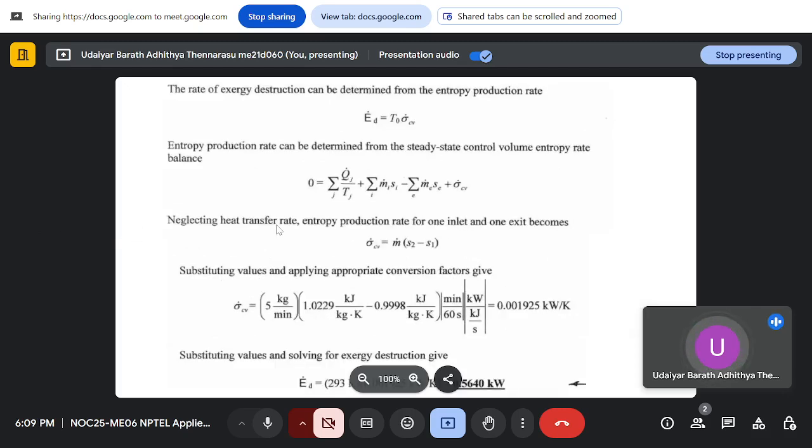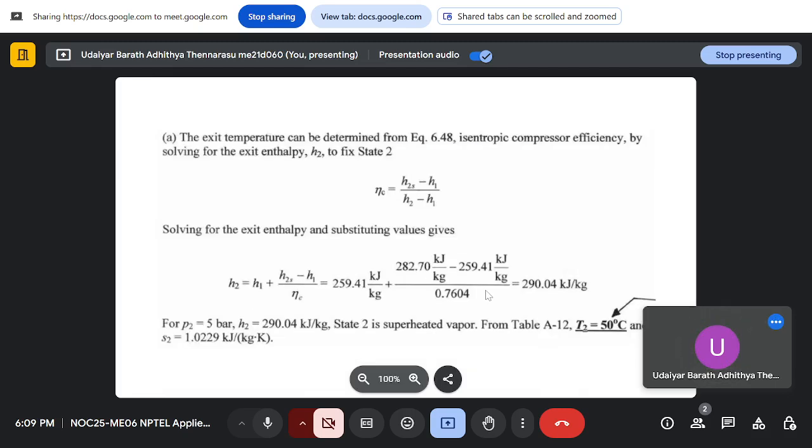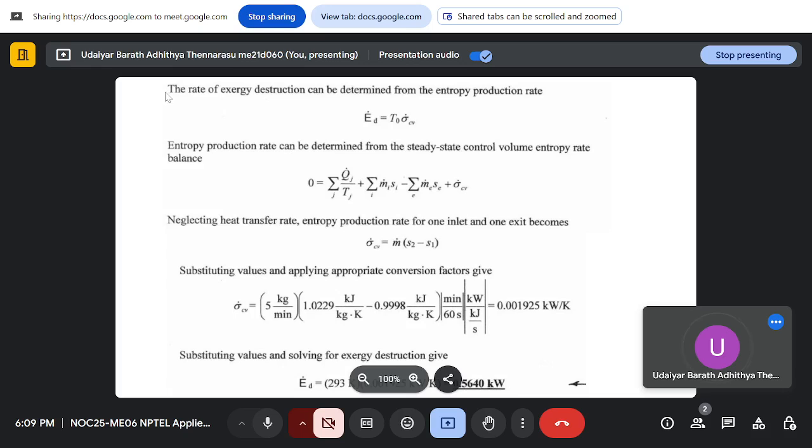Next, we need to find the rate of exergy destruction in kilowatt for this process. The rate of exergy destruction is nothing but T naught times the entropy generated. If you do an entropy balance for this process, since it is a steady flow, steady state process, ds by dt is 0.